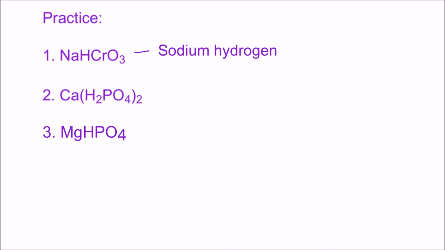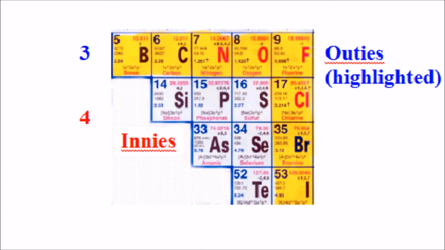nonmetal, so we're going to take the stem of that, and then we need to figure out what the ending is. Notice we have 3 oxygens here. Here we have our box that tells us what our innies and our outies are. You'll notice that chromium is nowhere to be found. But remember, I told you, anything that's not an outie, we're going to consider to be an innie.